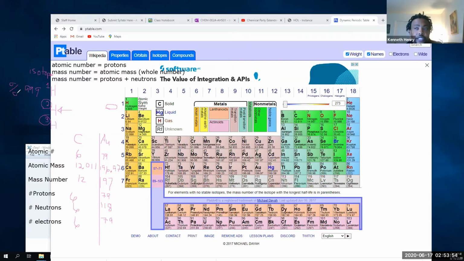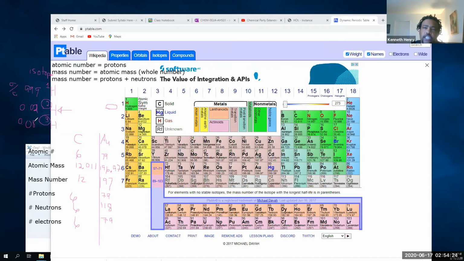If we had 1,000, this one is about 0.01, and this one here is like 0.02 or something like that, and this one is like 0.08 or something like that, or they might be reversed.